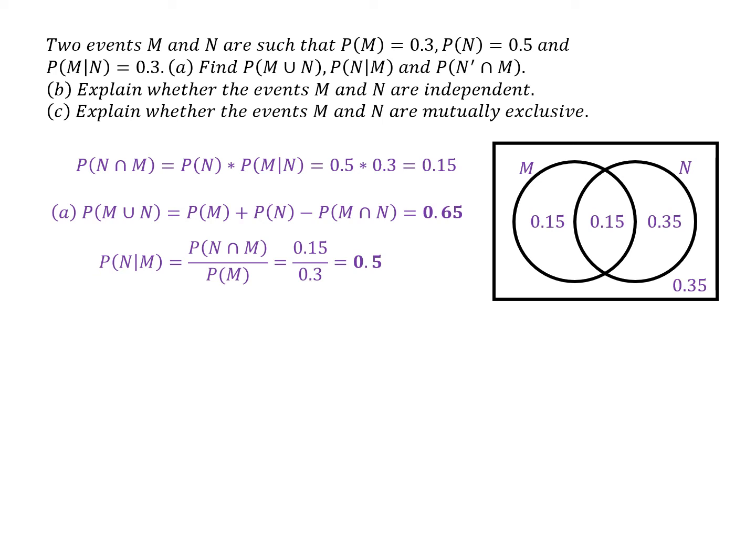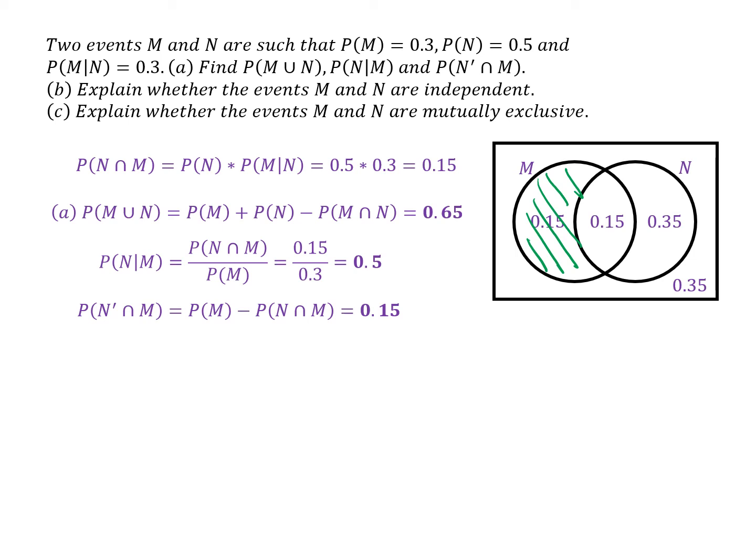So the third part of part A is this, the probability of not N and M. You can do this a number of ways. Not N and M is this part here. So that's 0.15. You can do that by taking the probability of M and subtracting the probability of N and M.